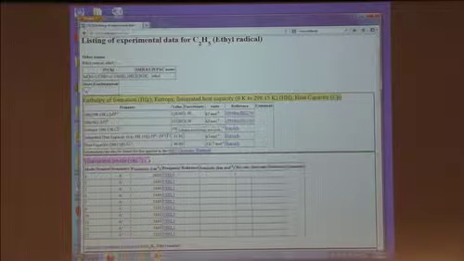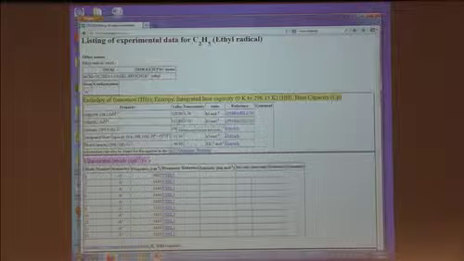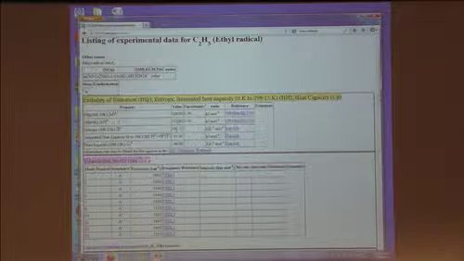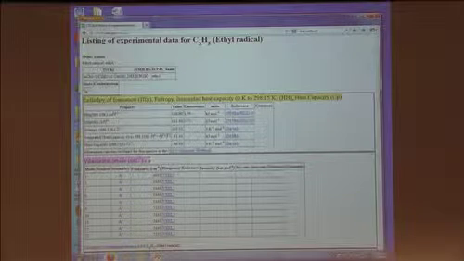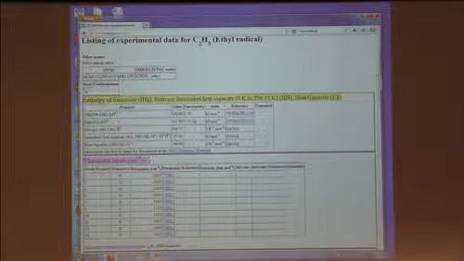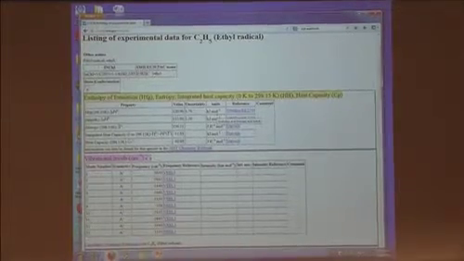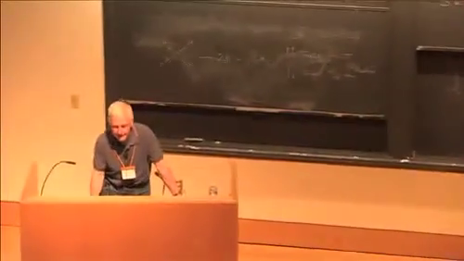It gives you the enthalpy at 298K and also at 0K. And it also gives you the entropy, and it gives you uncertainties. And for many species, that's a good way of doing it.